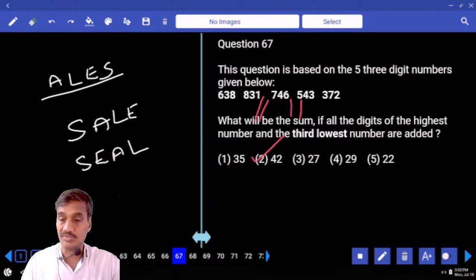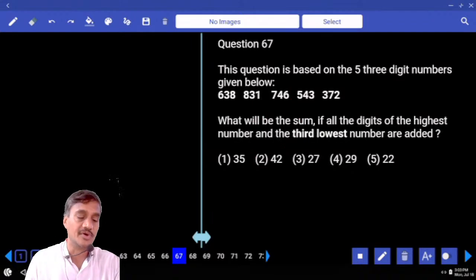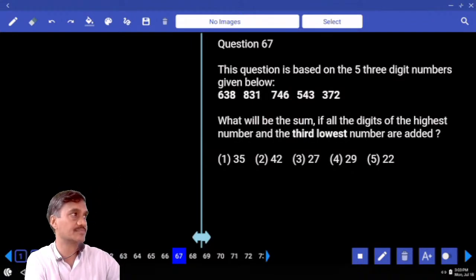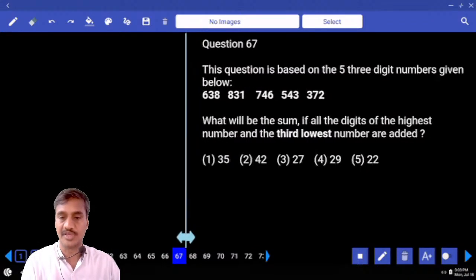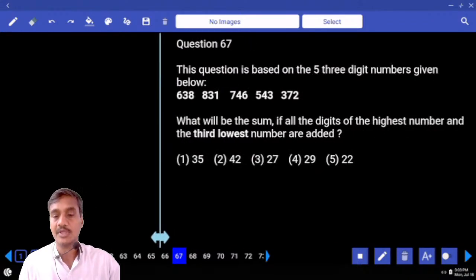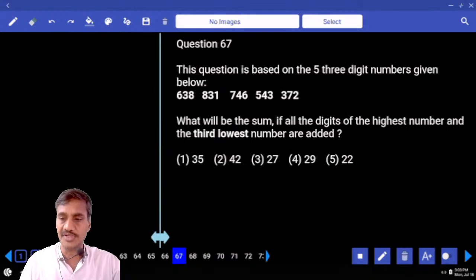Then coming to question number 67 onwards. Now it is based on a set of numbers. Tell me whether it comes under the first priority or the second priority. It must be under the first priority itself. Then what will be the sum of all the digits of the highest number and the third lowest number?